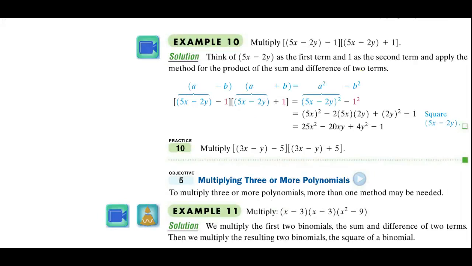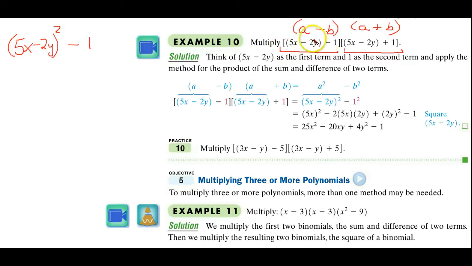So for example 11, or I should say 10, we'll get to 11 in a moment. Again, I don't know if you can recognize this. This is in the form of a minus b and a plus b. So when you are multiplying this, there's not going to be any middle term, because these are conjugates. So we're going to get a squared, which will be 5x minus 2y, the quantity squared, and just minus 1.